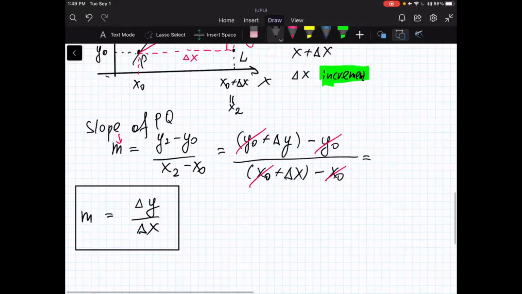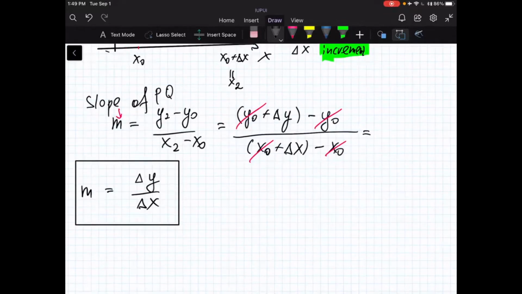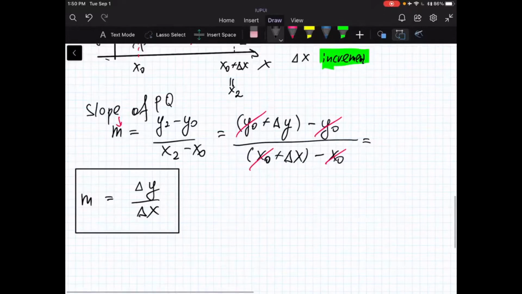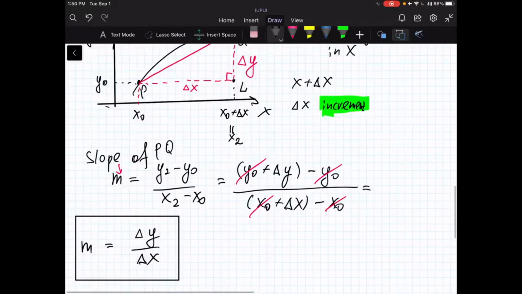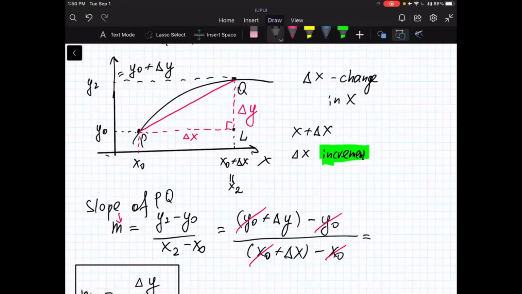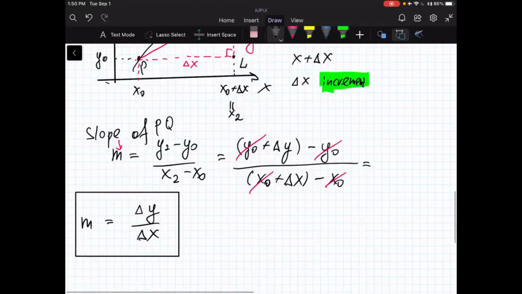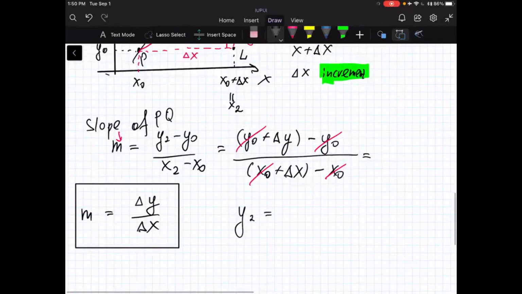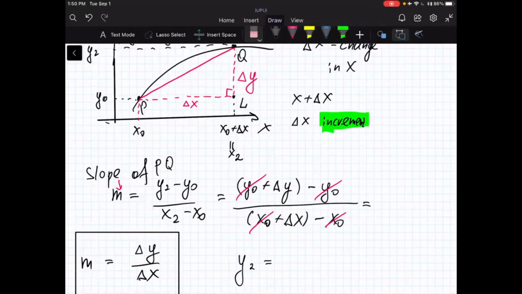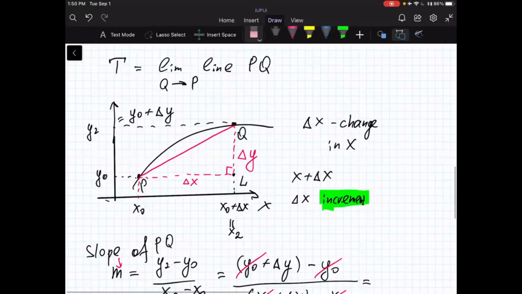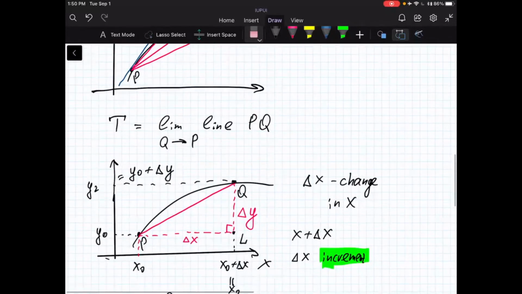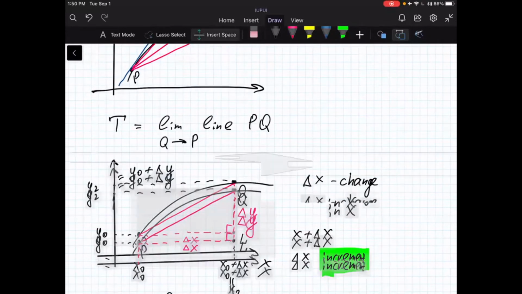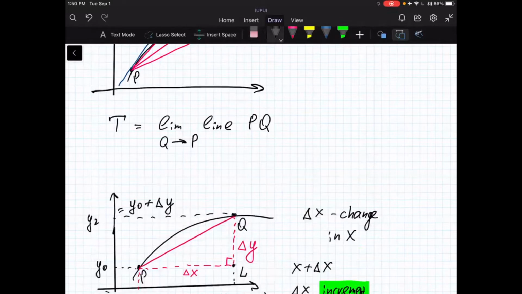But then what do we have? What is y2? Suppose our curve is described by a function f of x.